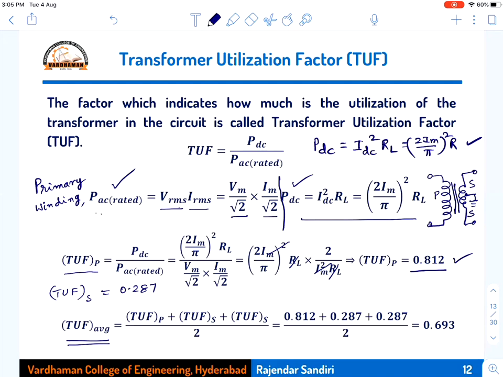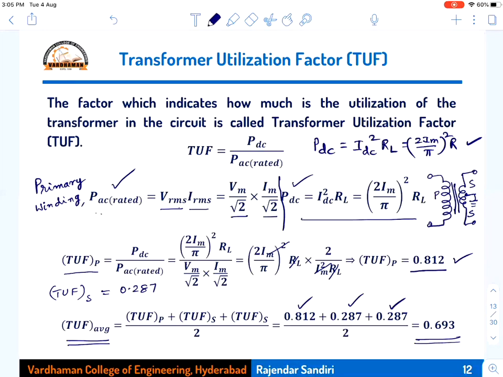I divide by 2 because the entire secondary is treated as one coil, and the primary is treated as one coil. Then you get 0.812 plus 0.287, where 0.812 we already got here and 0.287 we derived in the half wave rectifier, so I am not deriving it again. Taking the whole, you get 0.693. Therefore, the transformer utilization factor of the full wave rectifier is 0.693.